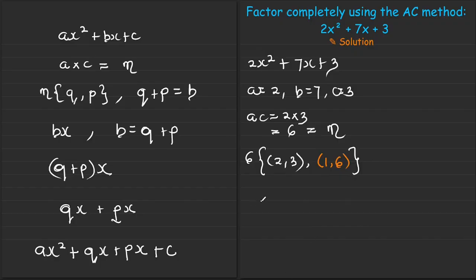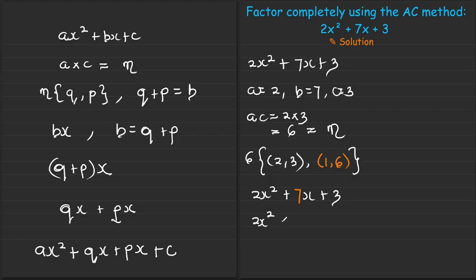So that instead of our 2x squared plus 7x plus 3, we are going to rewrite the 7 in terms of 1 and then 6. That is to say, we have 2x squared.